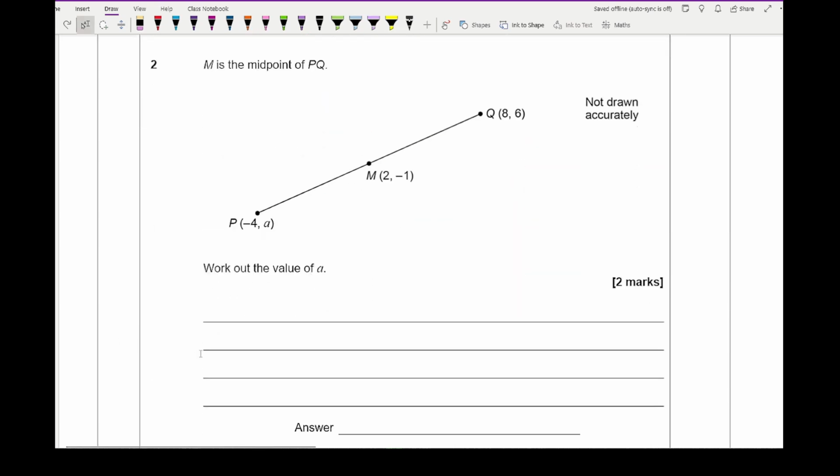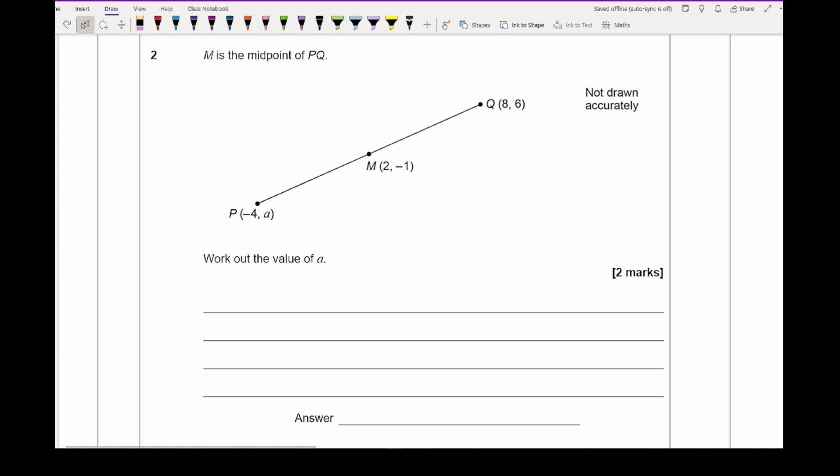Then moving on to question 2, it says M is the midpoint of PQ, work out the value of a. Because M is the midpoint, what we need to do is see the relationship between M and Q. If I draw a triangle and compare the two x ordinates, I've got 8 and 6, so the base of that triangle is going to be 2.